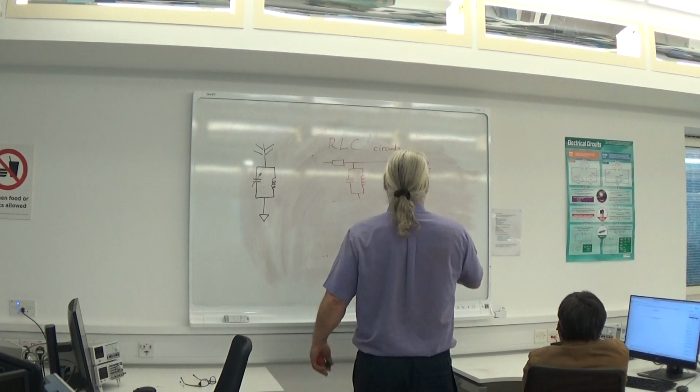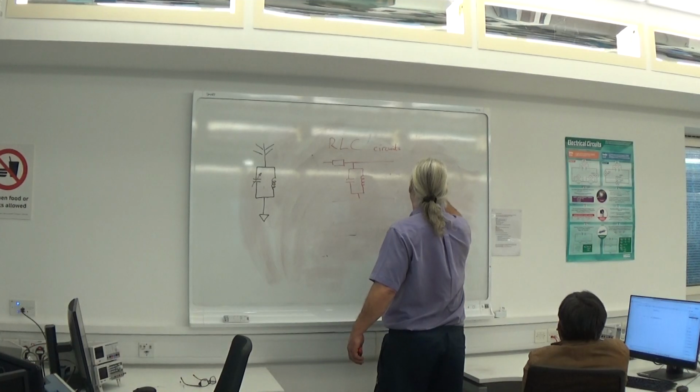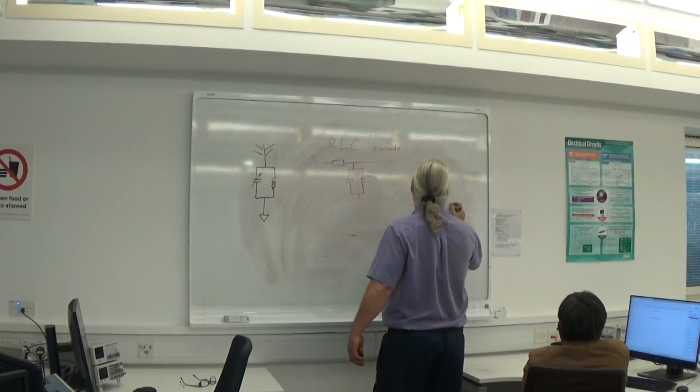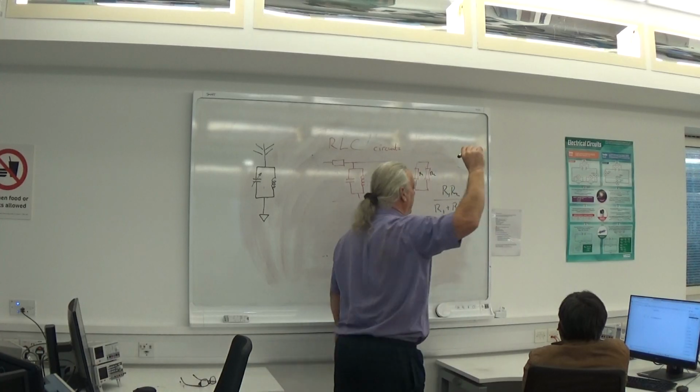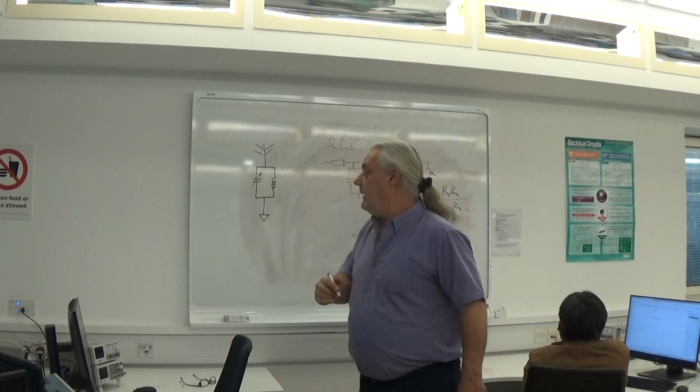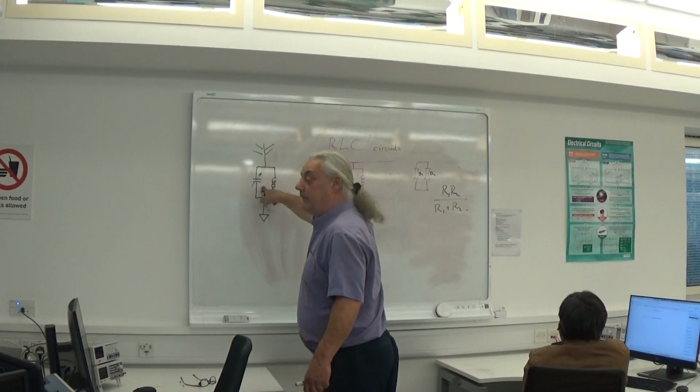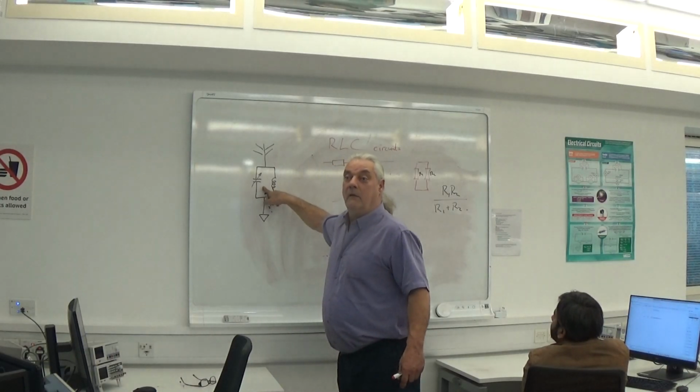If this is R1 and this is R2, the combined resistance is R1 R2 upon R1 plus R2. Okay?